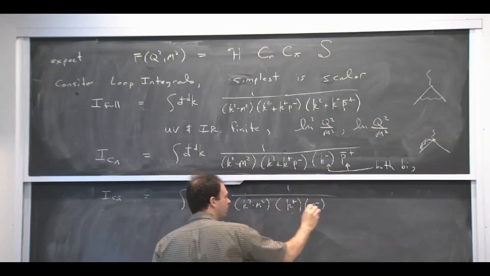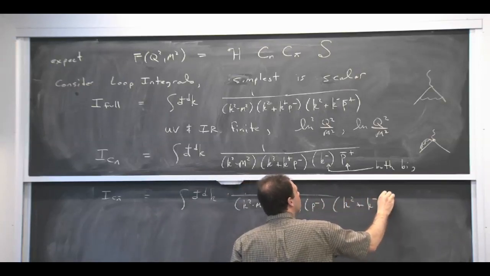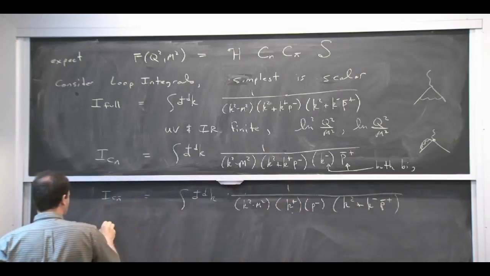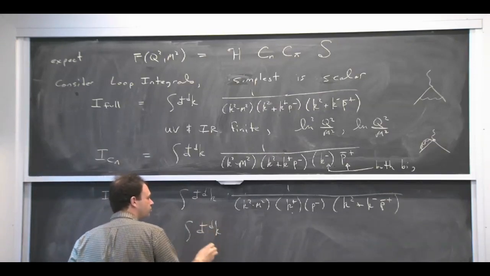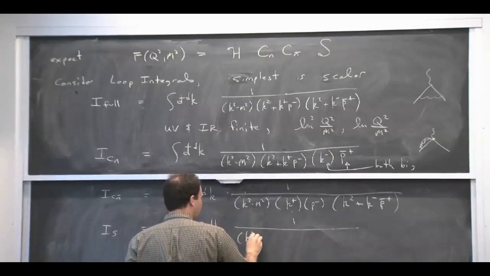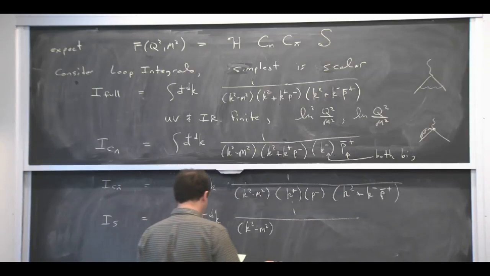So both of these are big, and this one remains, and then they're soft. And in the soft case, what happens is that both of the propagators end up being eikonal.